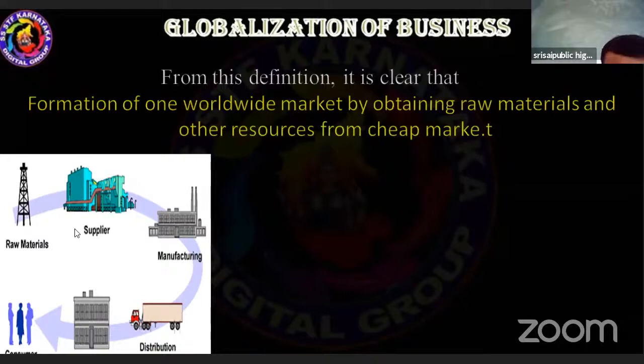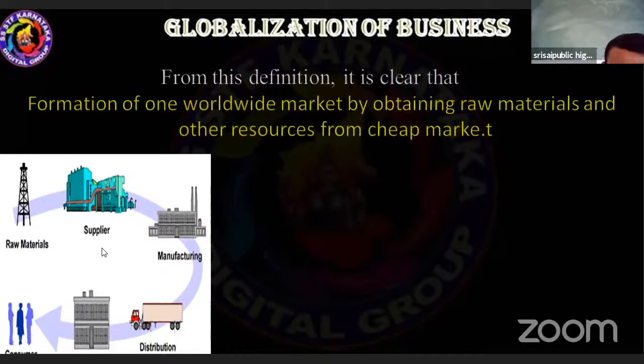The same issue India faced during the 17th and 18th century from the British. They took raw materials in small amounts, cheaply, and exported them to England.